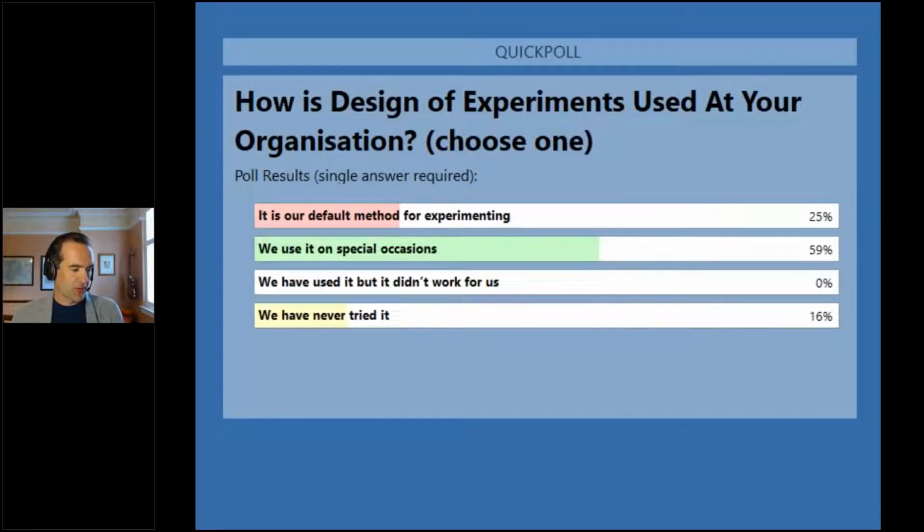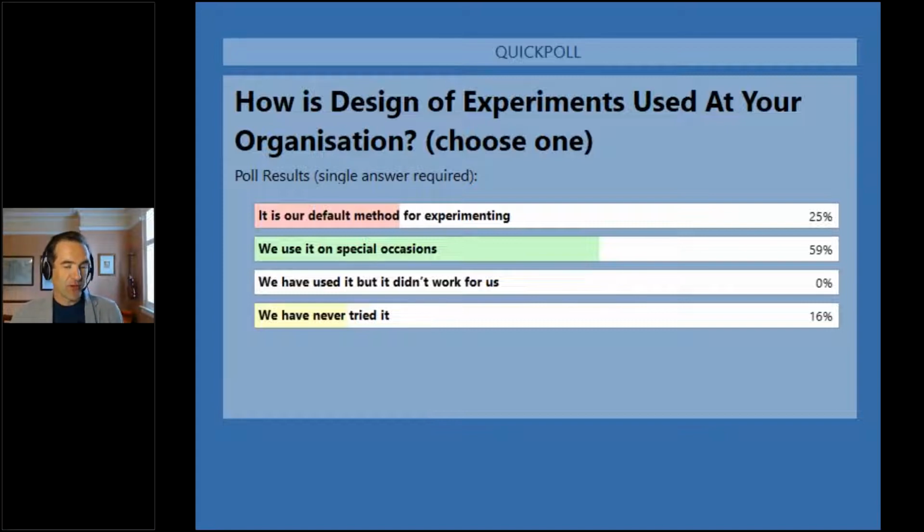Great. So quite a lot of you, 25%, is saying you use it as a default method for experimenting, which is wonderful. That's been my mission most recently in my career, really, to get people using design of experiments as their default way of experimenting. 60% say you're using it on special occasions, so that's interesting.